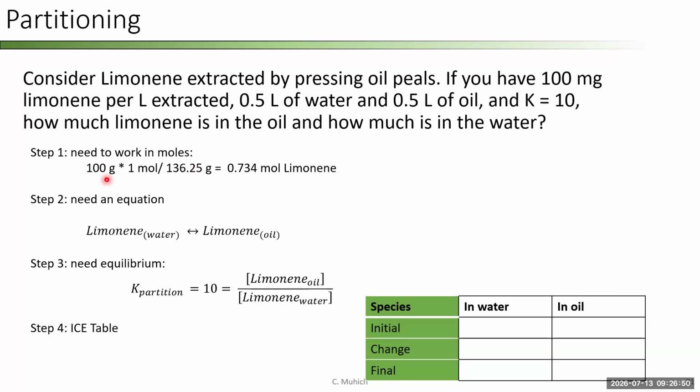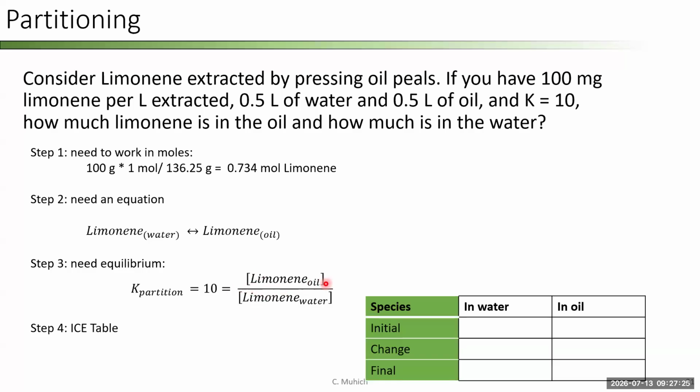If I have 100 grams of limonene, at 136.25 grams per mole, this leaves us with 0.734 moles of limonene. We need our equation: limonene goes from water to the oil and back and forth. We have our partition coefficient, K is 10, products over reactants.